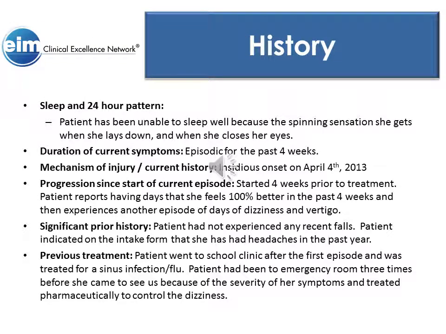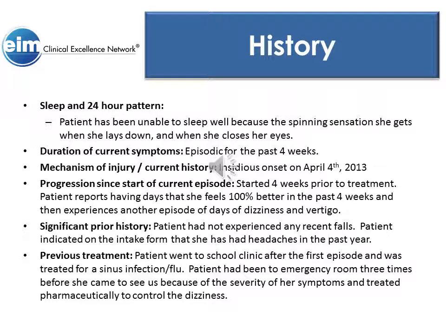So for the sleep and 24-hour pattern, the patient was not able to sleep well because of the spinning sensation that she would get when she would lie down, roll over in bed, or close her eyes. For the 24-hour pattern, she had that first episode on April 4th, and she got some medicine for a sinus infection from the clinic at her school.